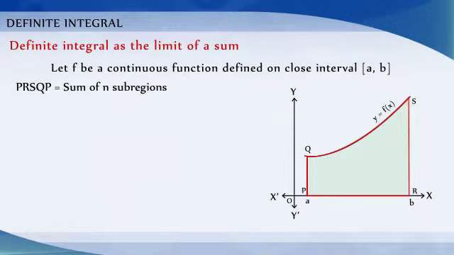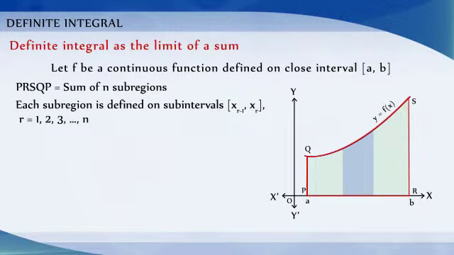The region PRSQP is the sum of n subregions, where each subregion is defined on subintervals xr minus 1 comma xr, where r is equal to 1, 2, 3, etc., up to n.